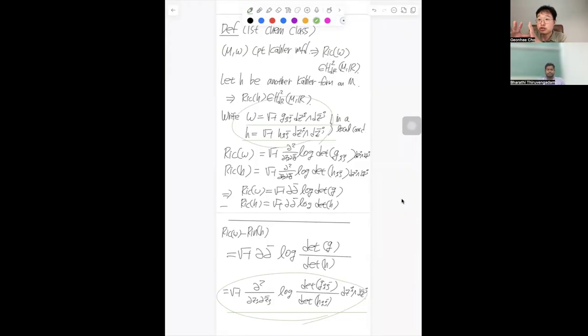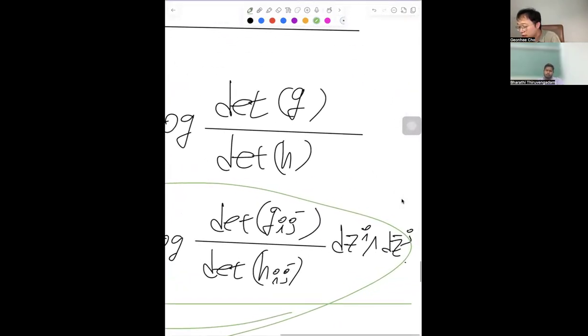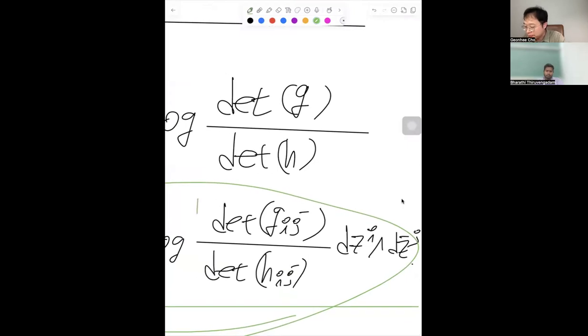Suppose now you change the open subset U to an open subset V with an overlap. Why do we need to change it? What's the effect of changing the coordinate? You need to put something like P transpose P, and take the determinant, so there's an effect on this guy.